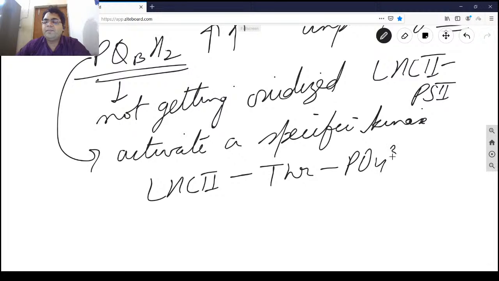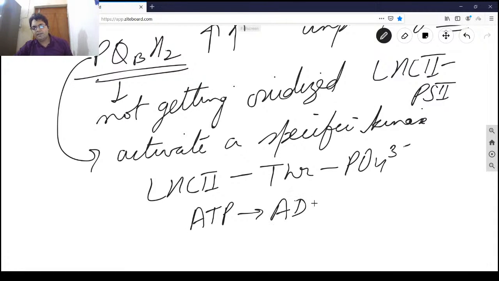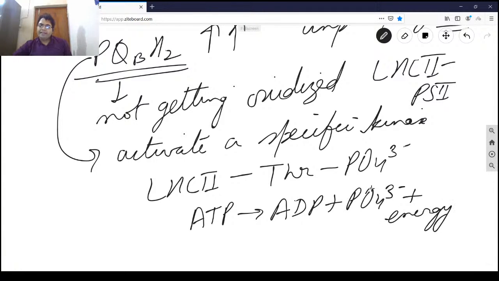The phosphate group will be added because kinases take the phosphate from ATP. They break the gamma phosphate bond, giving ADP plus phosphate Pi, and this energy is utilized to catalyze the covalent bond formation between the amino acid and this same phosphate.